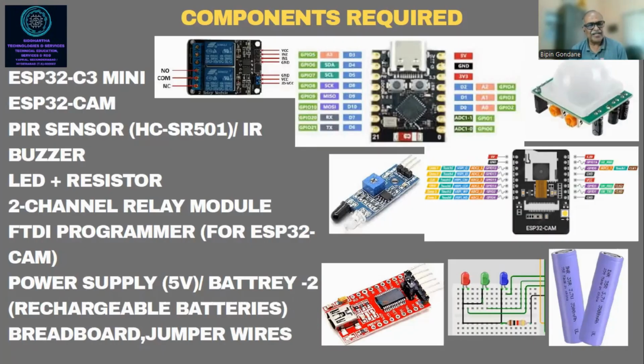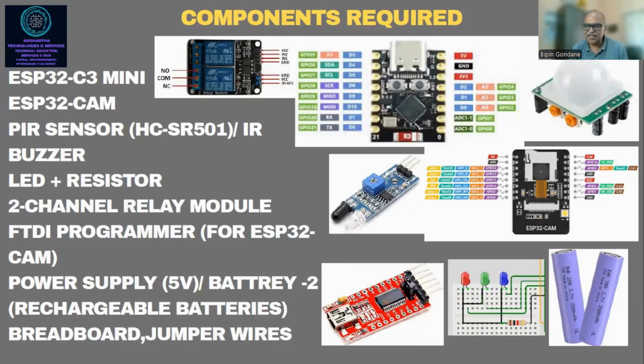Please remember, the ESP32-CAM has limited GPIO pins. That is the reason I used a small C3 module, and the camera module is also small. I thought we will combine them together and make a project, so that you will get some new ideas and you can work on it.